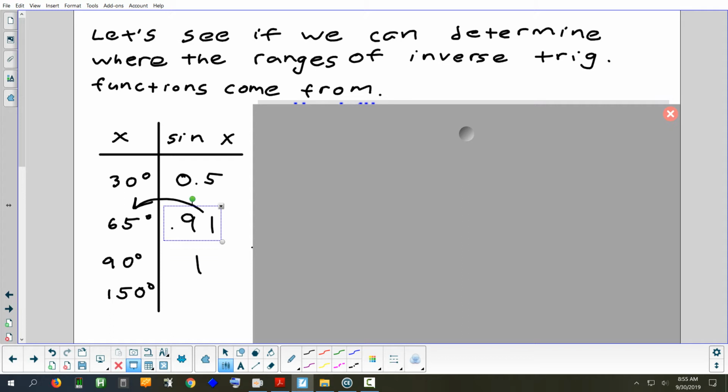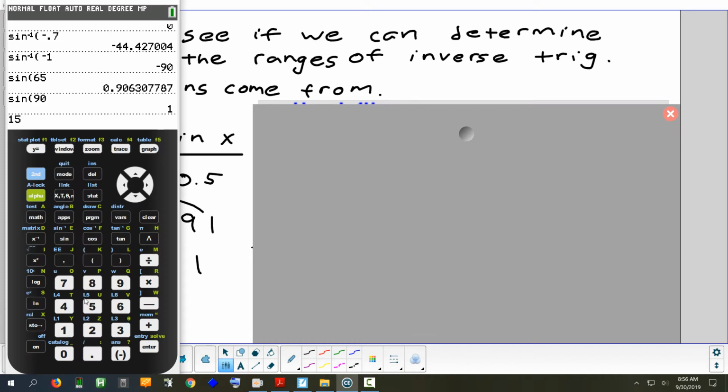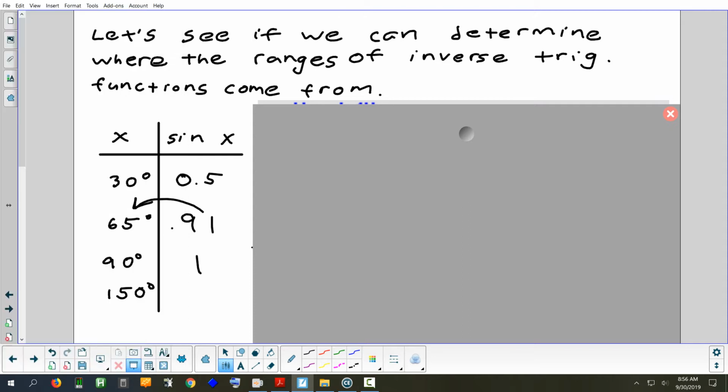Now 0.91 is rounded, so maybe we'd get like 64.999 or something. But let's look at what happens here. If I take the sine of 150, watch what I get. 0.5. That's a problem. We didn't really have a problem up until that one. Why do you think that one's a problem?